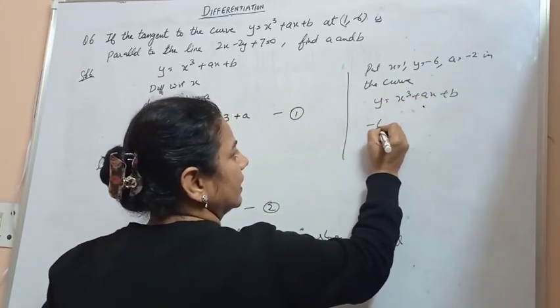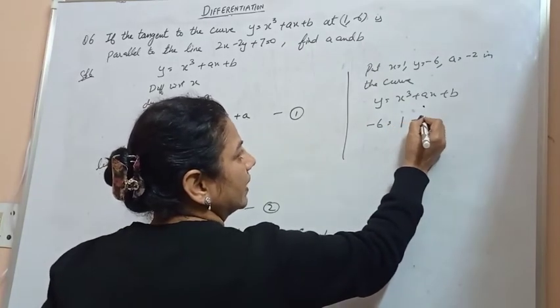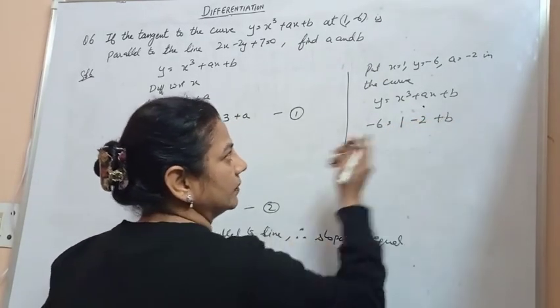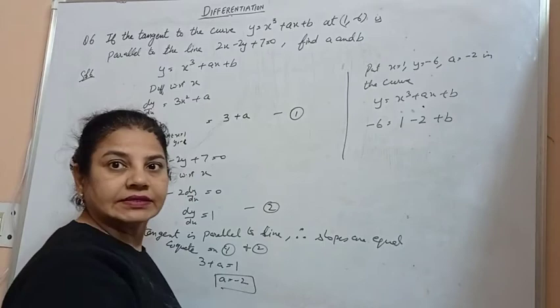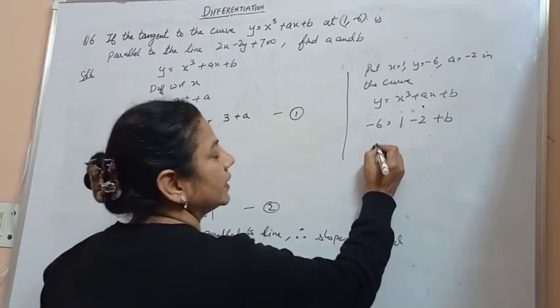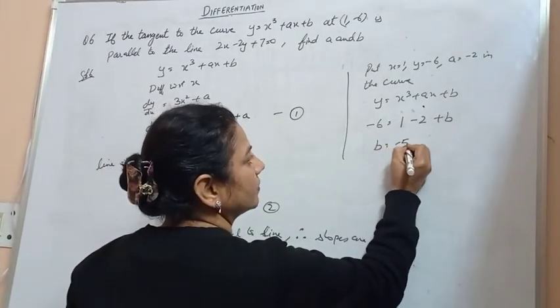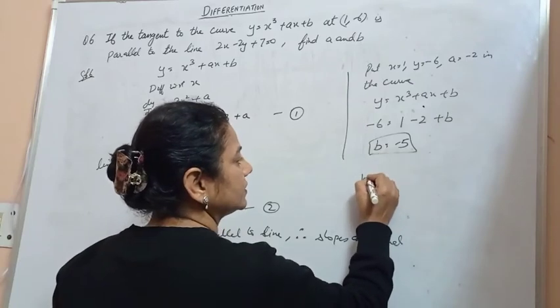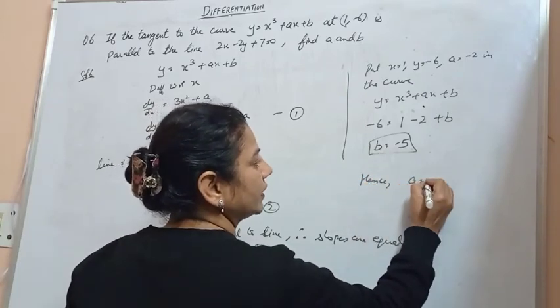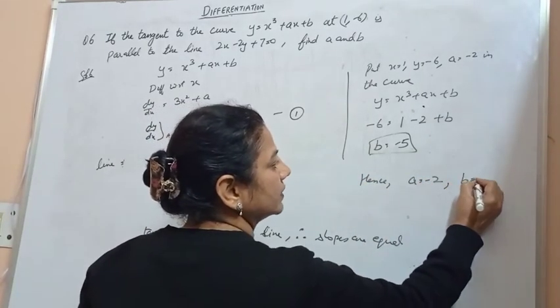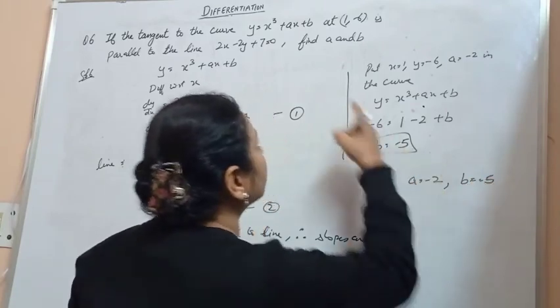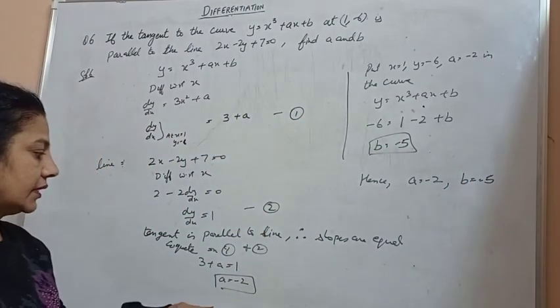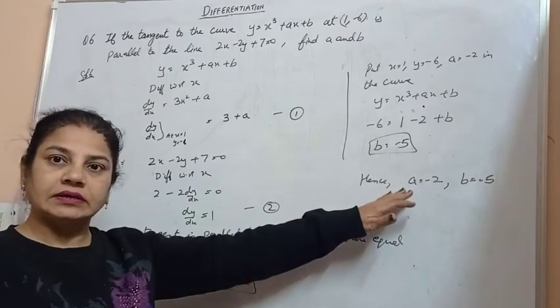I get minus 6 is equal to 1 minus 2 plus b, because the value of x is 1. So on calculating, I get b is equal to minus 5. Hence the value of a is minus 2 and b is minus 5.